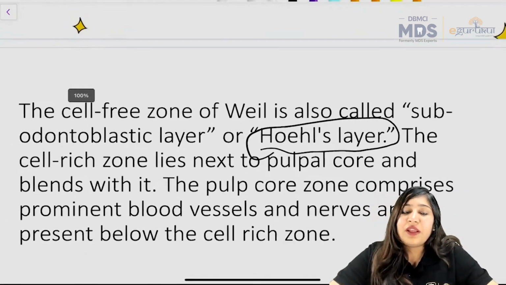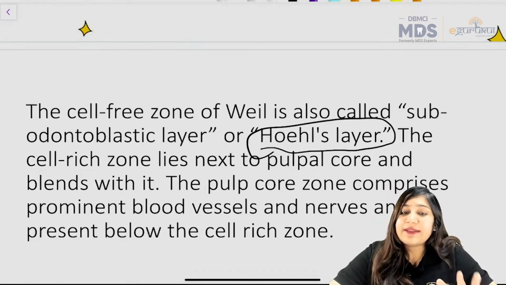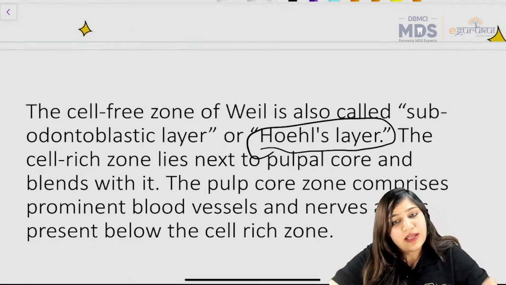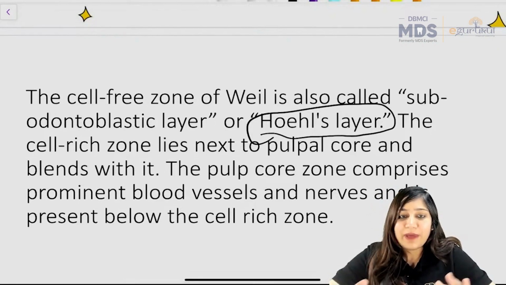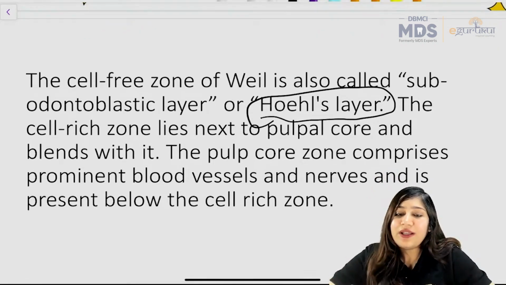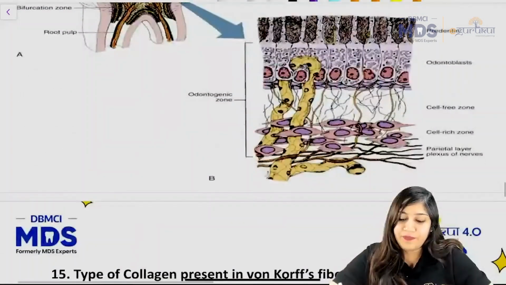Right. The cell-rich zone is next to the pulp core and it blends with the pulp core. Mainly this pulp core usually comprises of blood vessels and it is present below the cell-rich zone.